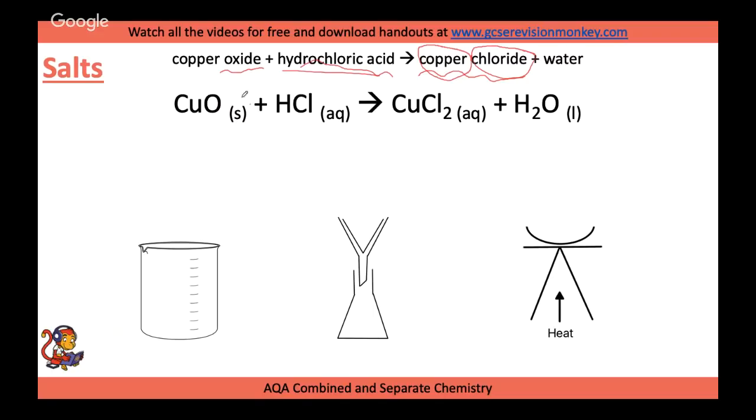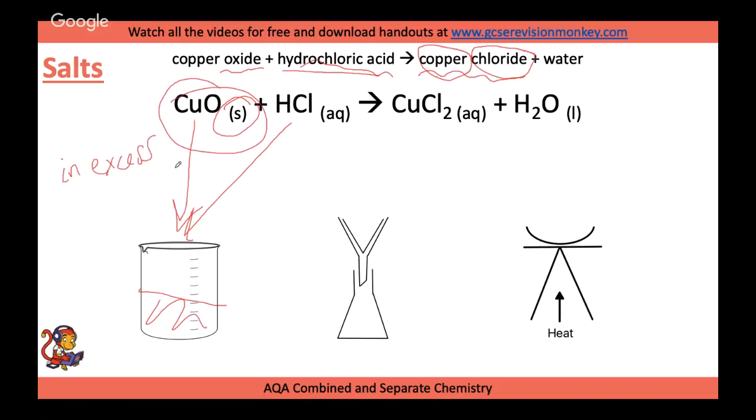So in this case, we've got a solid, this state symbol means solid, mixing and reacting with our acid. So we'd add into a beaker solid and our acid, but it's important to add this solid in excess. That means keep adding it until no more will react.